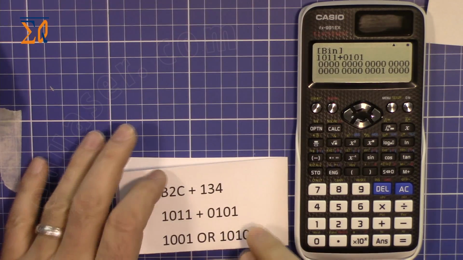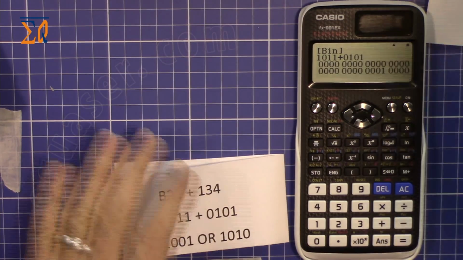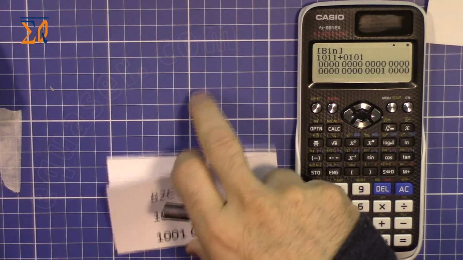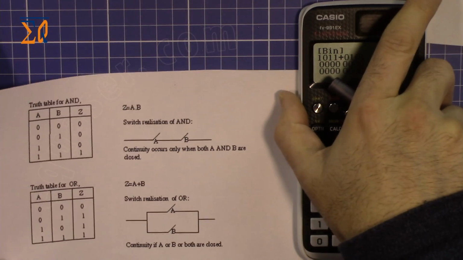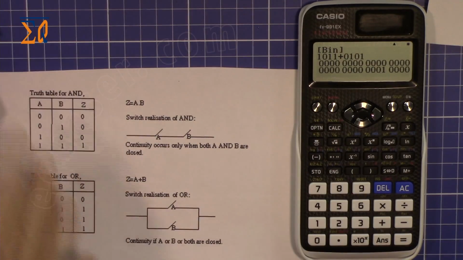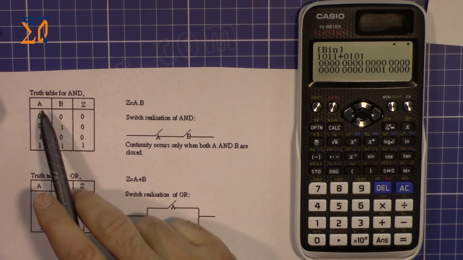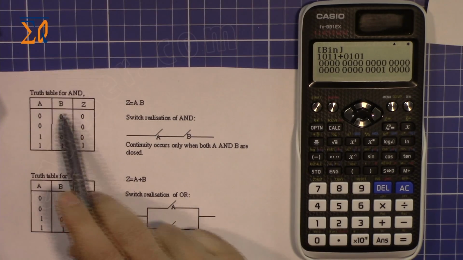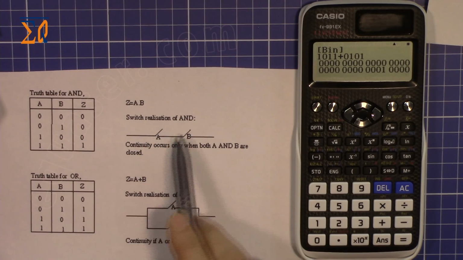Now for calculating AND, OR, NOR and other values, let me just put this. For AND, this is the input A and input B, and this Z is the output. It can be represented as a switch AB.